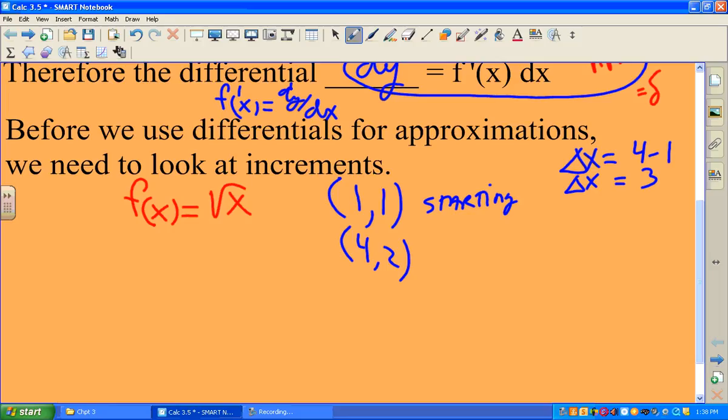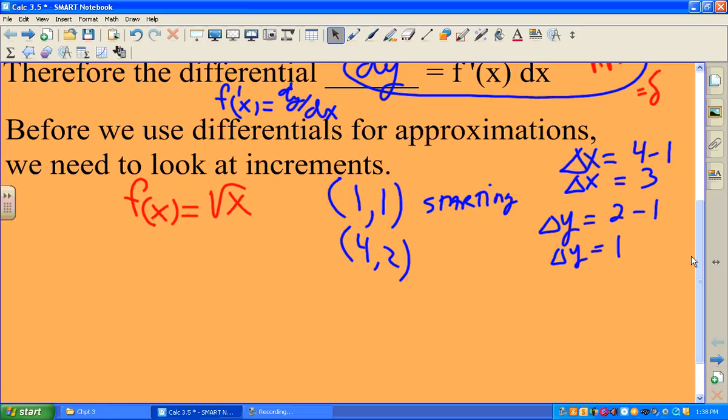Now, what's the change in y? 2 minus 1, so delta y equals 1. Again, I use the 2 points for that. That's the actual way of doing it.